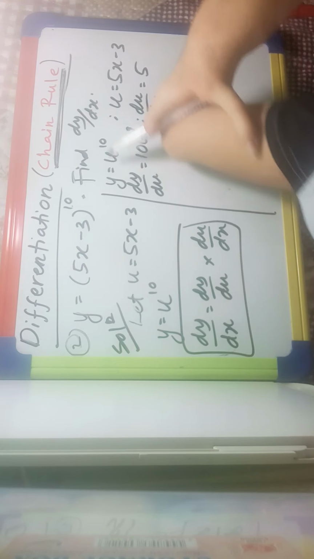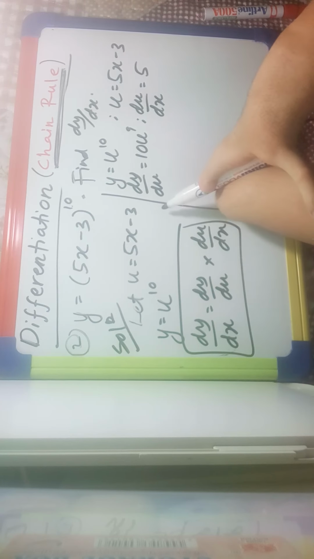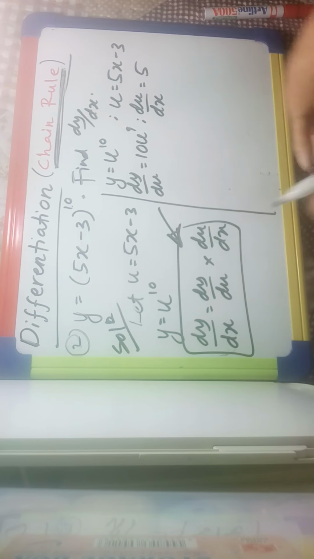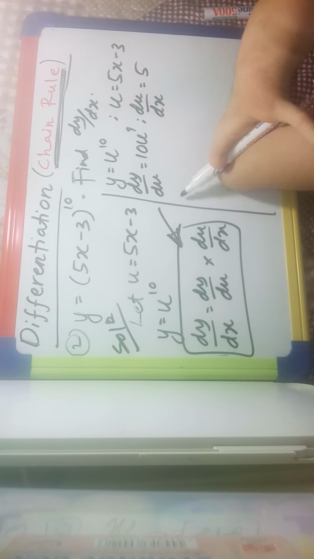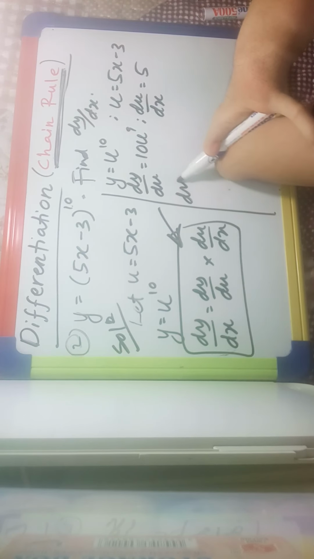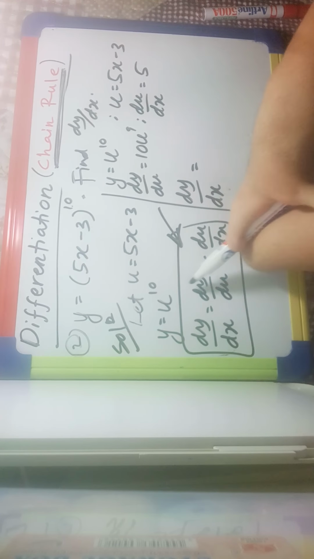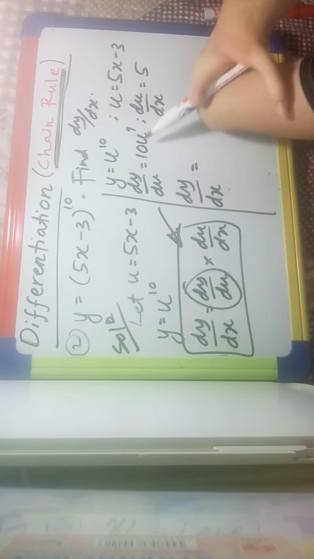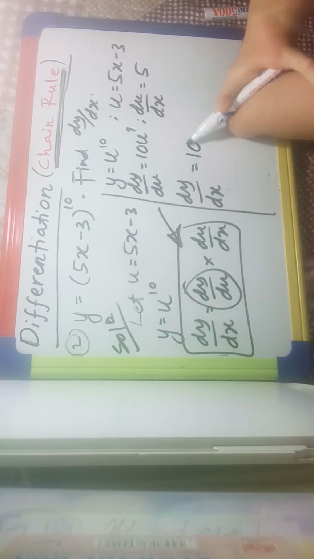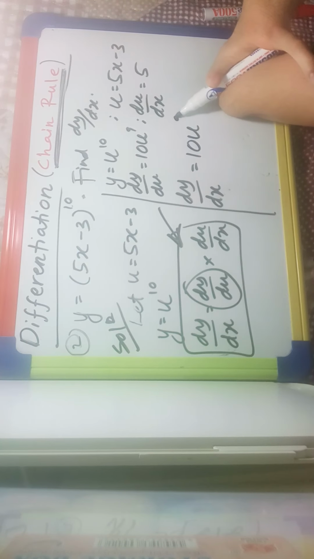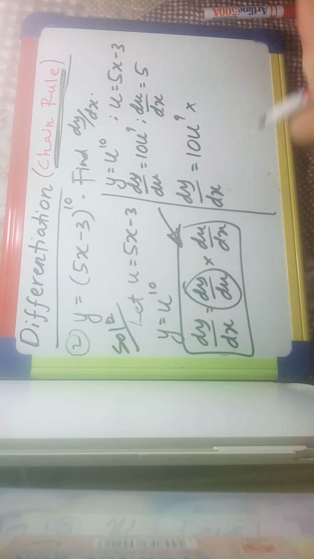Using all of this, substitute inside the chain rule formula. So dy over dx is equal to, what is dy over du? Here, 10u to the power of 9 multiply, what is du over dx?